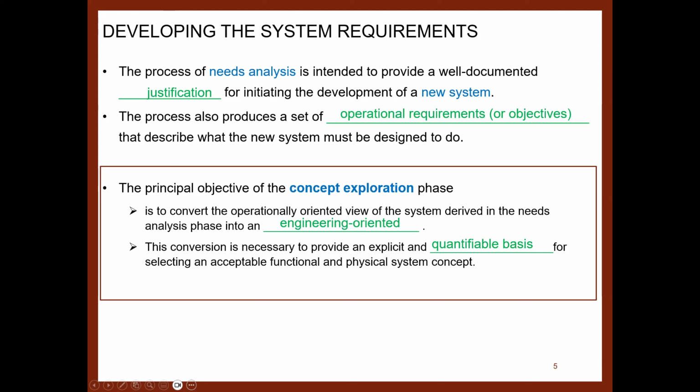So we are trying to go now from this vision. We understand the problem. These are the objectives for this system based on our understanding of the problem. So now we want to take those operational requirements and make them more engineering oriented, basically providing them with some type of quantifiable basis so we can have some way of verifying and validating those requirements.